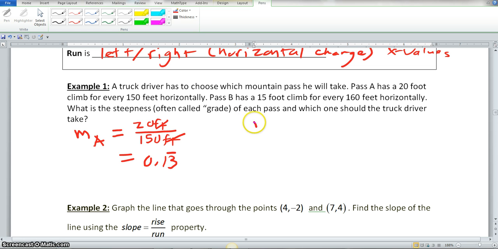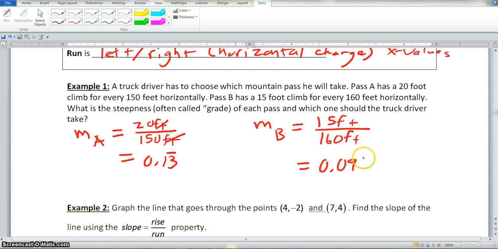The next thing we would do is the slope of pass B. Now again, we have a 15-foot climb, which is your vertical change, and 160 feet horizontally, which is your horizontal change. Now when we simplify this, we would get 0.093.